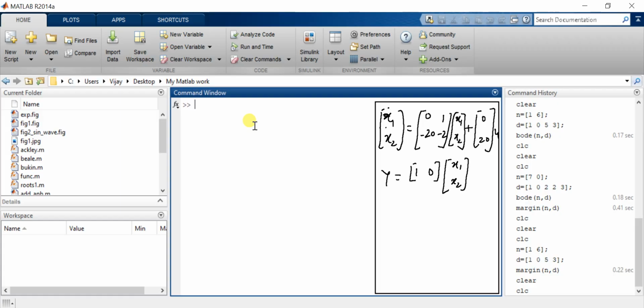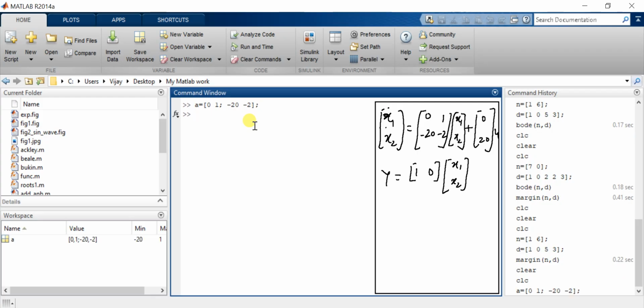So the A matrix is A equal to 0 1, and for the second row it is minus 20, minus 2, and the B matrix is equal to 0, 20.